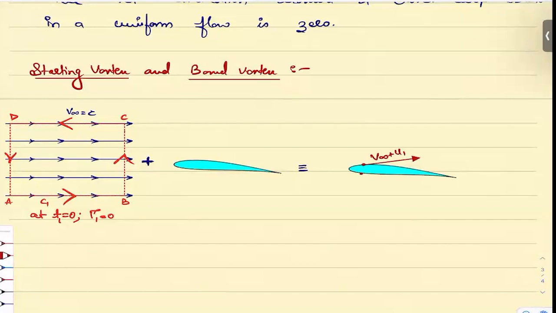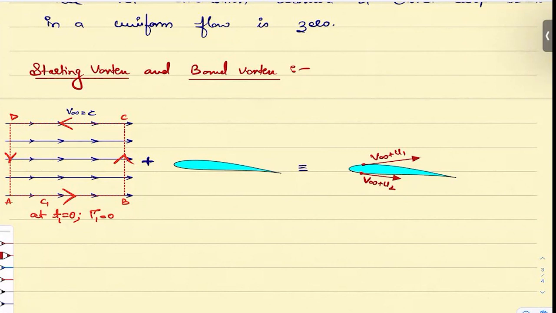If I consider a point just below that at the same chord length, I get a velocity component V infinity plus u2. Okay. So the velocity on the lower surface is getting reduced. On the upper surface, it is getting increased.